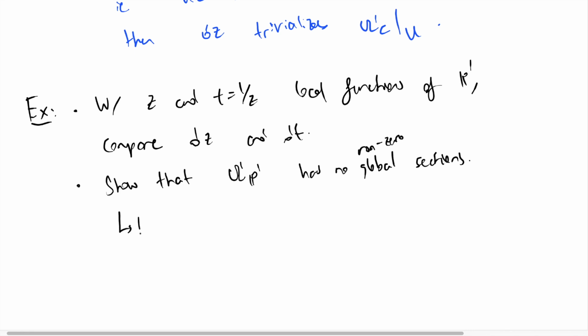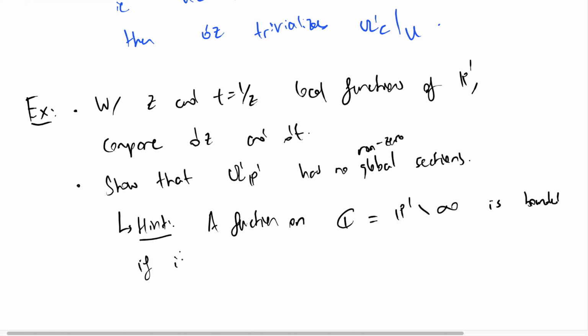And what you need here, after you compare dz and dt, is that a function on C is bounded if it vanishes at infinity, and hence constant. But if it vanishes at 0 and if it's constant, then it's 0. So this is what you need to use to prove Riemann's theorem, if you want, at genus equals 0.